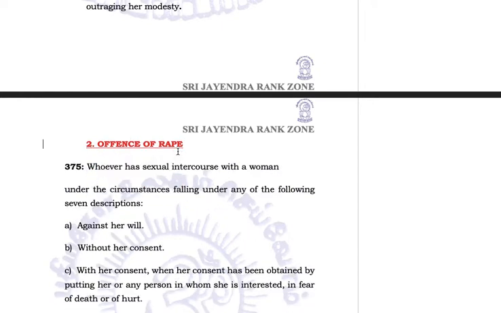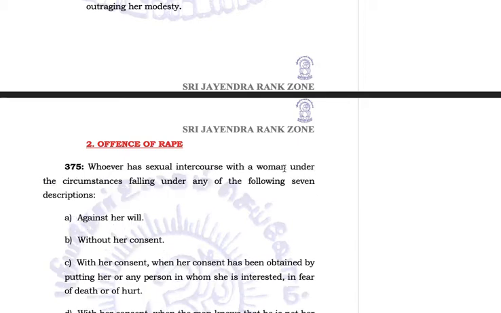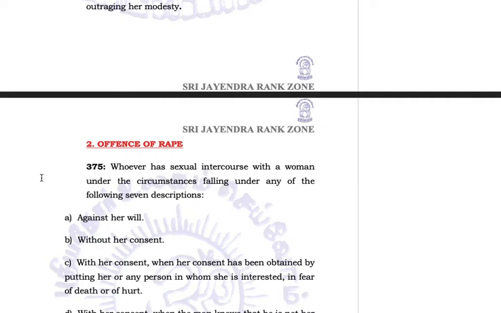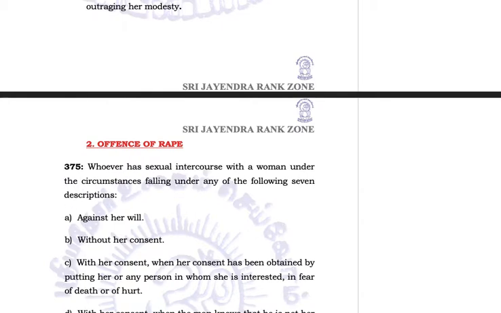After outraging the modesty of women, comes the offense of rape. The offense of rape says whoever has sexual intercourse with a woman under the circumstances falling under any of the following seven descriptions.